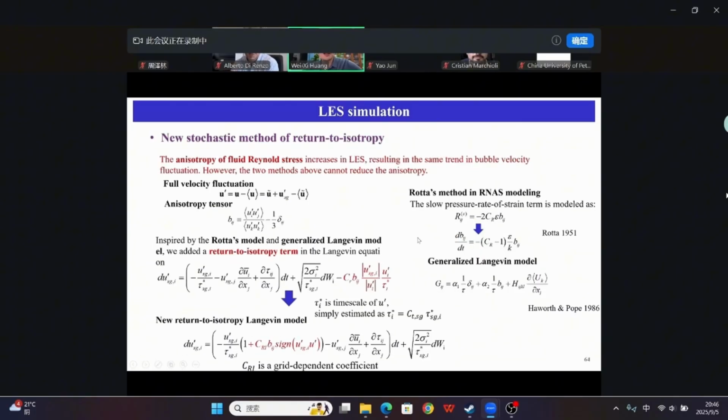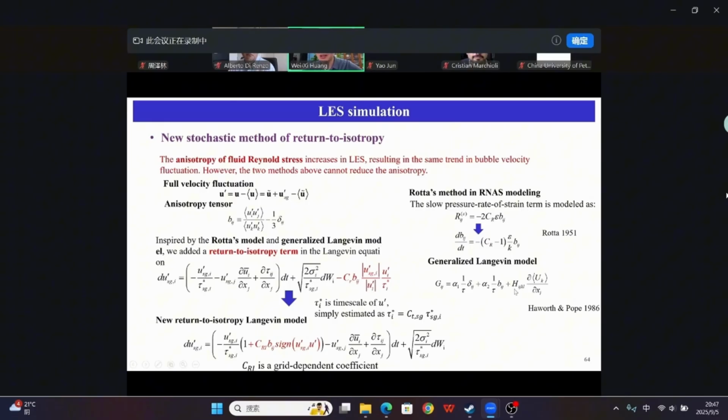So here we are inspired by the classic LOTA model. This is a return to isotropy model formulated based on the anisotropy tensor here.